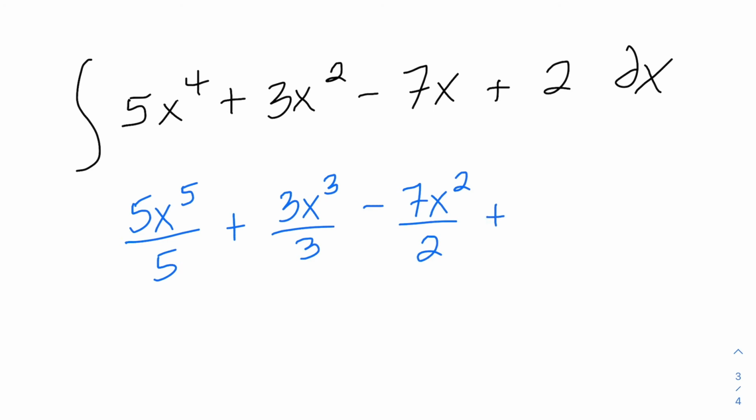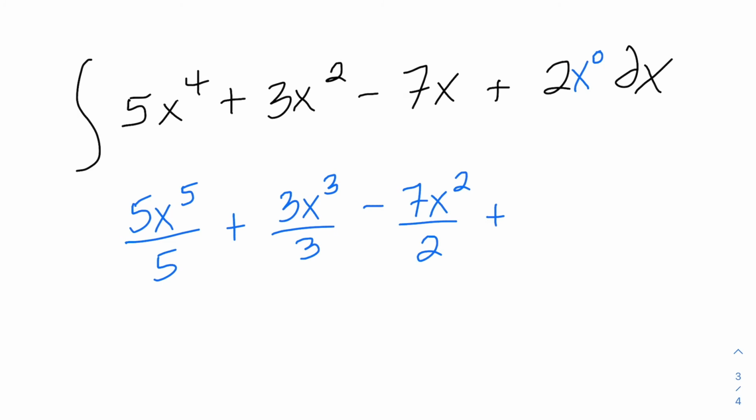And in this case, this is sometimes tricky for people at first, so I'm going to write it in here a little bit differently. When we go to add 1 to the exponent, what exponent do we have on our x value here for the constant 2? Because we don't really see an x value. But remember, anything to the 0 power is 1. So when you see a constant, you can treat it like 2 times x to the 0 power.